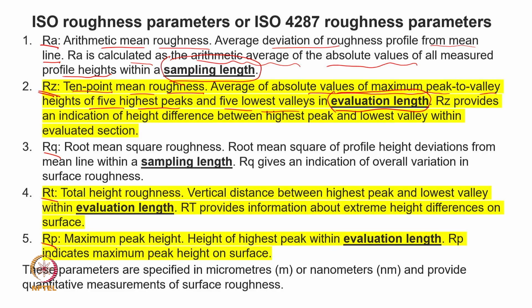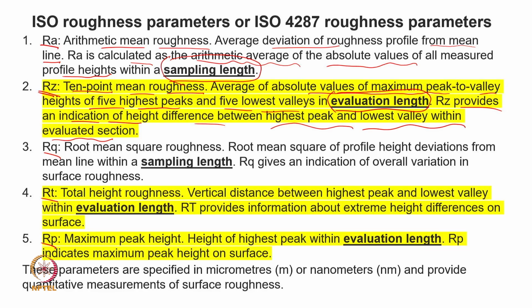So, RZ is done mostly on a bigger scale compared to the RA value. So, there is a basic difference, and RZ provides an indication of the height difference between the highest peak and the lowest valley within the evaluated section.